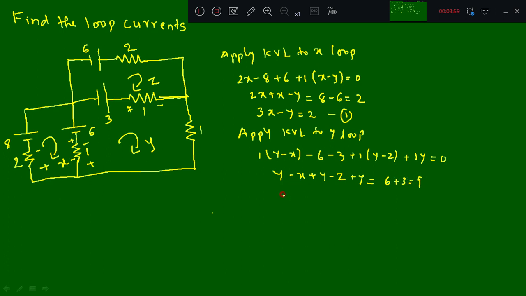So it is minus x plus 3y minus z is equal to 9. Call this equation number 2.